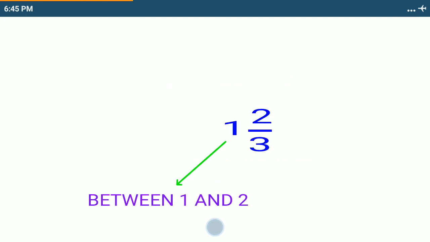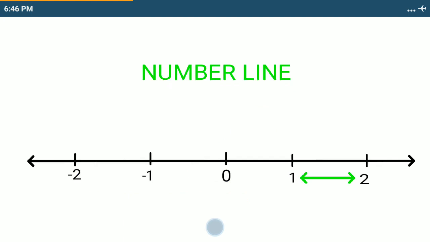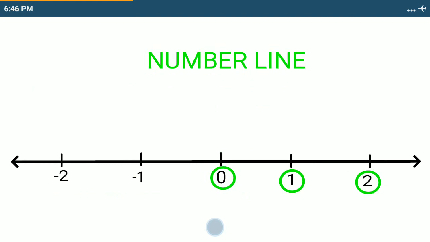The next whole number is 2. So we know that 5 by 3 is between 1 and 2. So we draw the number line accordingly with just 0, 1 and 2 marked.